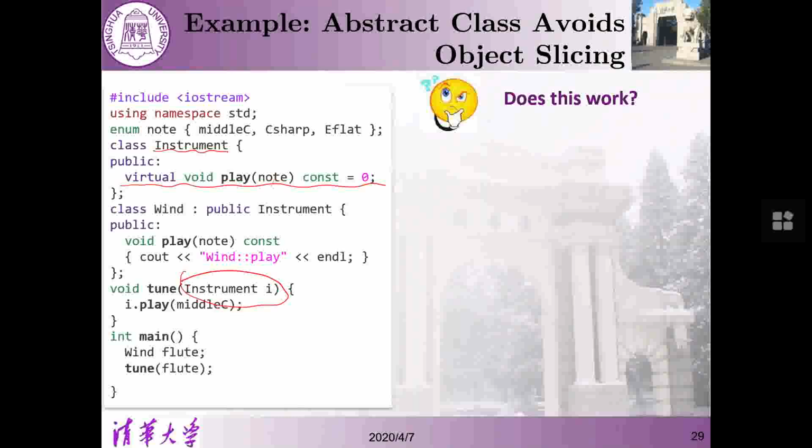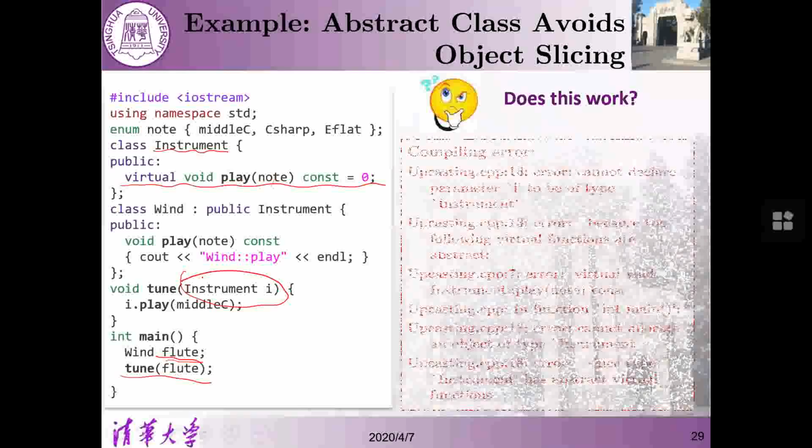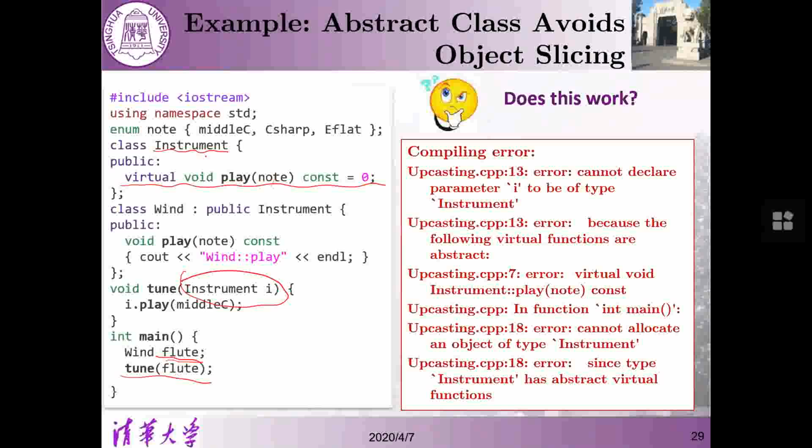If we try this function, if we want to call this function with flute, then we learned in the last class that the object will be sliced, right? This flute will be sliced to the instrument object. However, because it is already an abstract class, this will cause a compilation error. So in this way, abstract class avoids object slicing. We can never have a base class object in this case. So it avoids object slicing. Okay.